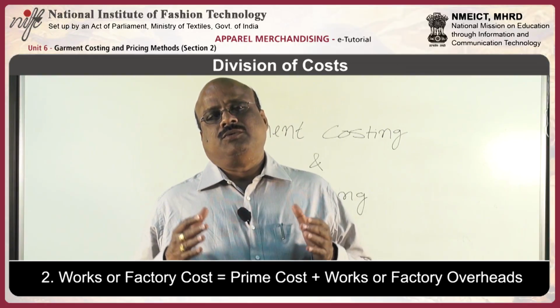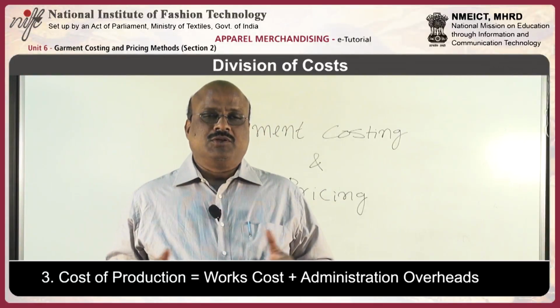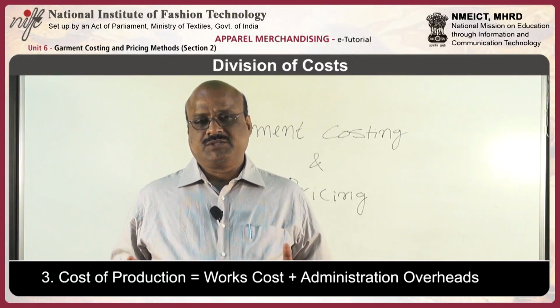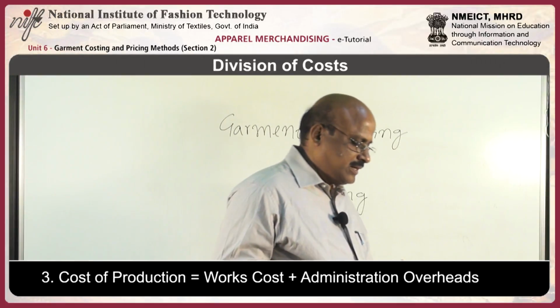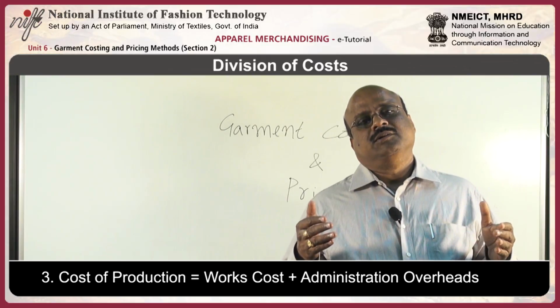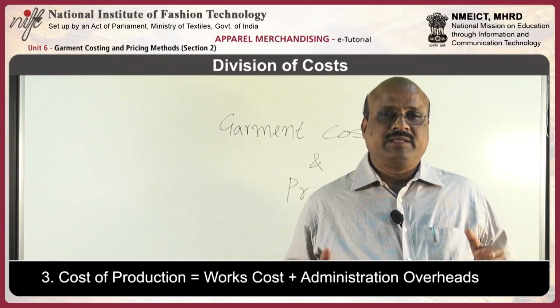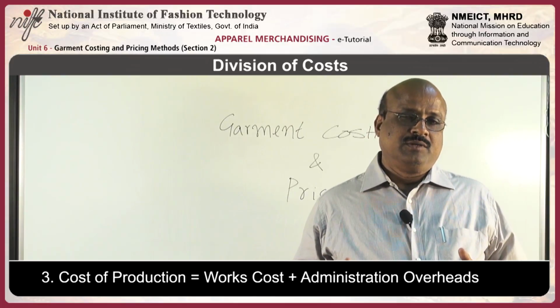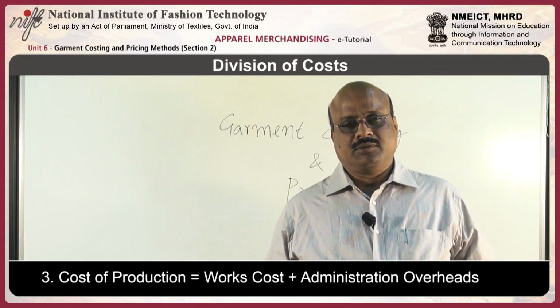The next comes cost of production. Cost of production is works cost plus administration overheads. So cost of production includes both the cost of the works, how much it is costing to get the work done, and what are the administration overheads. Both put together is the cost of production.